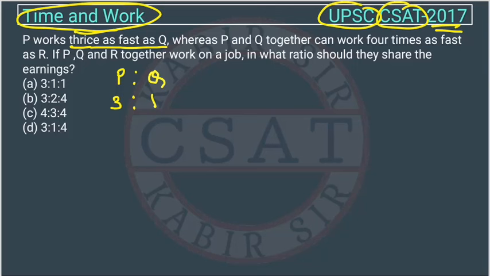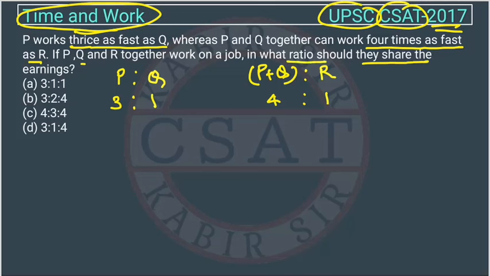Whereas P and Q together can work 4 times as fast as R. So what is given? If P and Q are working together, their efficiency in comparison to R is given. How much? P plus Q work 4 times as fast as R. If P, Q, R together work on a job, in what ratio should they share the earning, right?